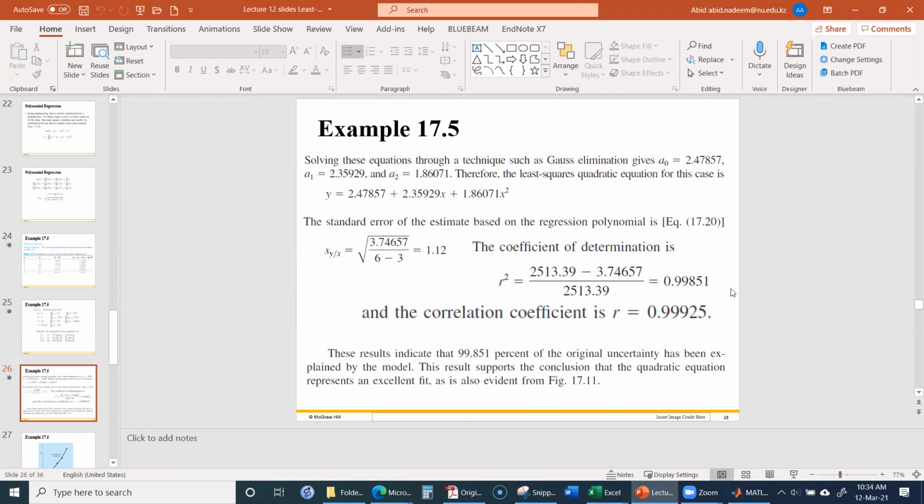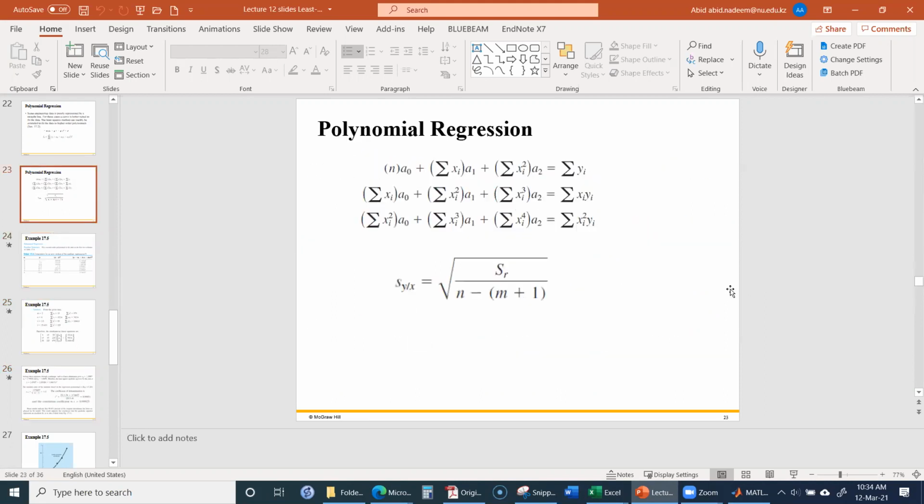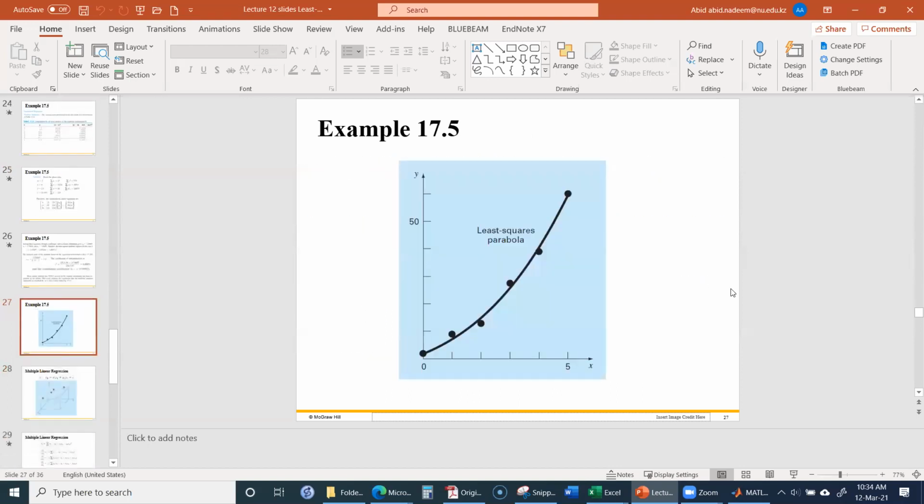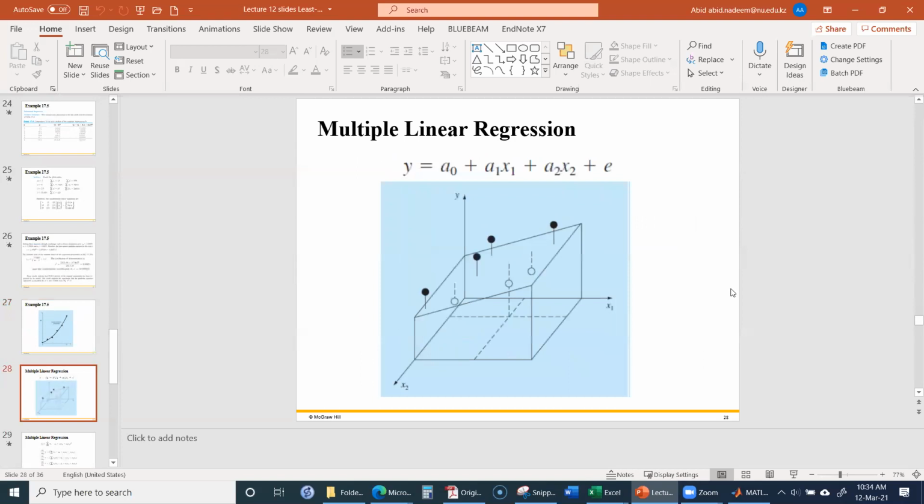So that was the polynomial regression. Interpolation topic will come in the next lesson. After the polynomial regression, we can look at multiple linear regression. Remember that first we started from the linear regression, and then we did the polynomial regression, and in between we did the linearization of the nonlinear curves.